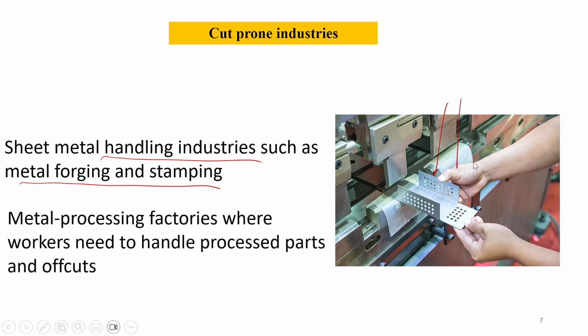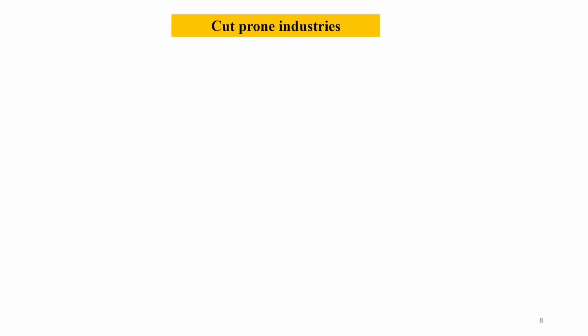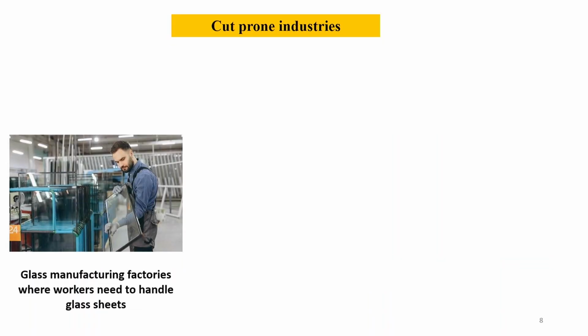Then there are metal processing factories where workers need to handle sharp parts, and there is always a threat of getting a cut injury. Next you can see glass processing: glass manufacturing factories where workers need to handle glass sheets.